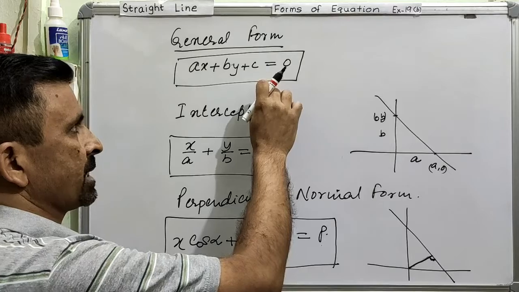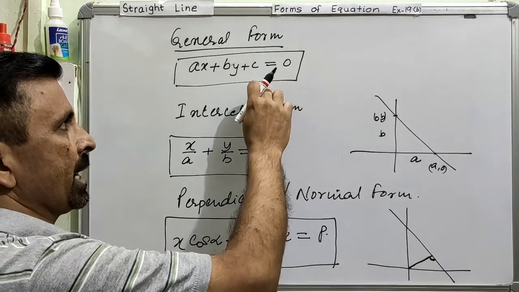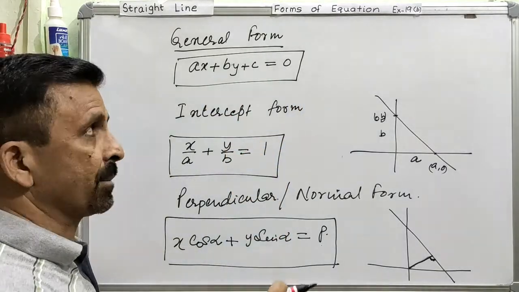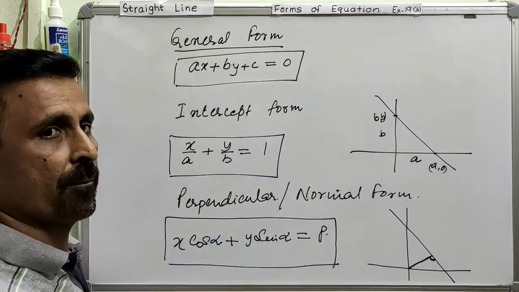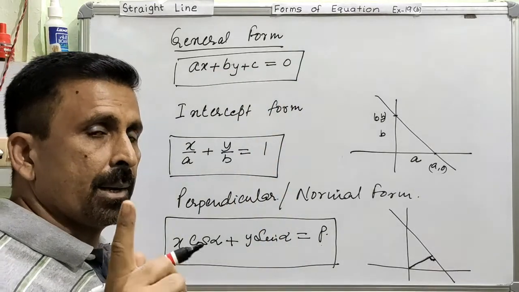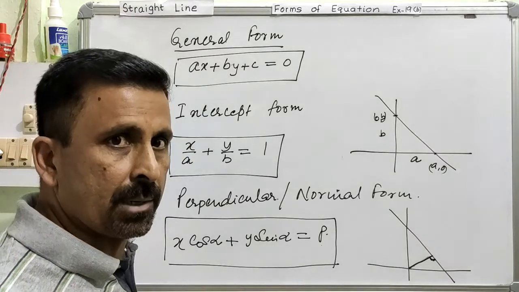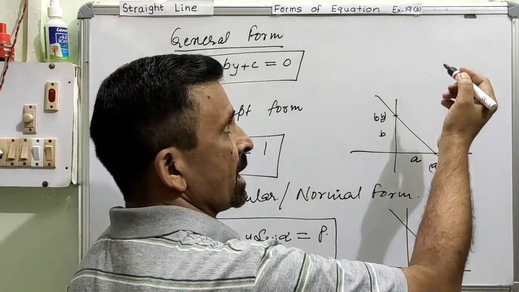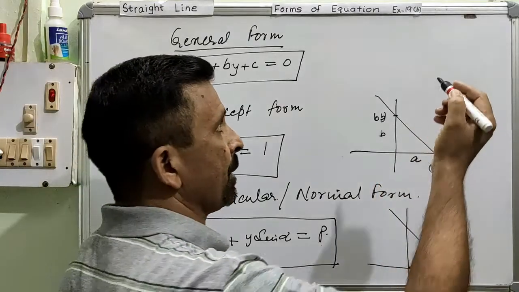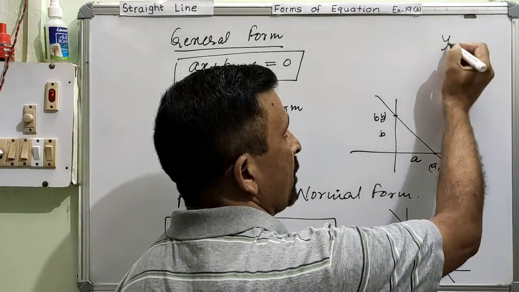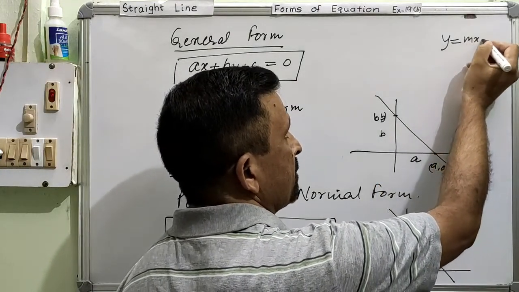And this is the general form. The advantage of writing the general form is that we can get the slope. Regarding the slope, you have learned another form of linear equation also, called the slope and y-intercept form. In the previous lesson, you learned y is equal to mx plus c.